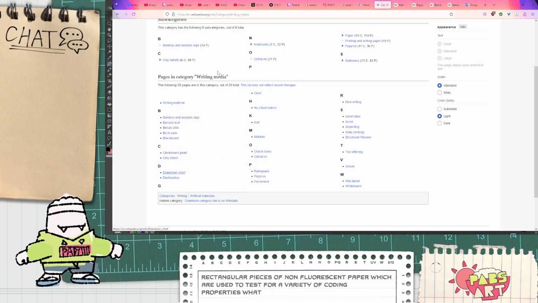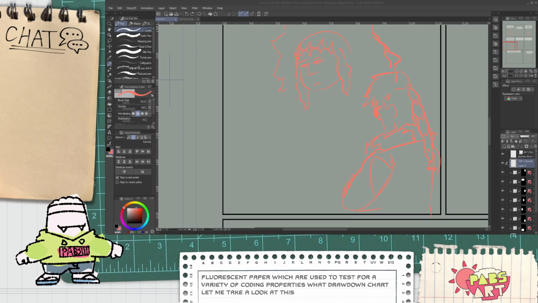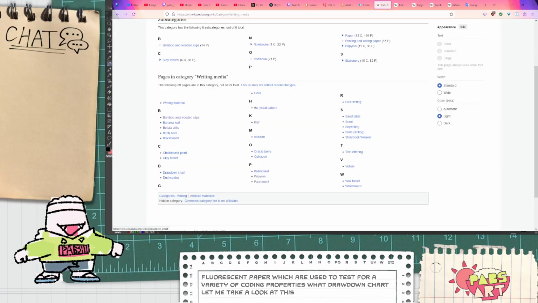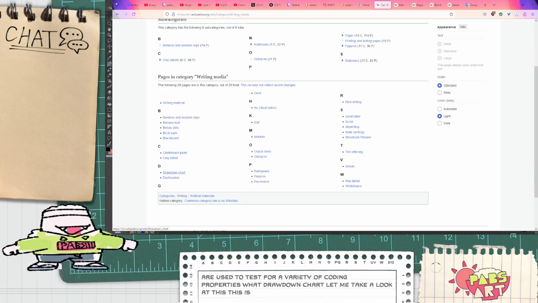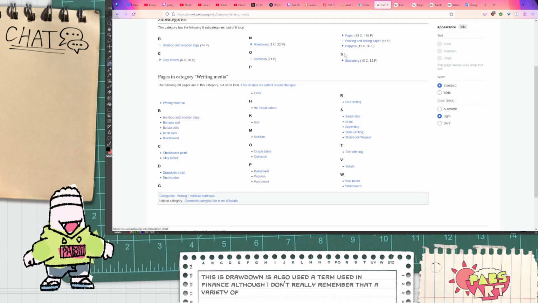What? Drawdown chart. Let me take a look at this. Drawdown is also a term used in finance, although I don't really remember that. A variety of coating properties.